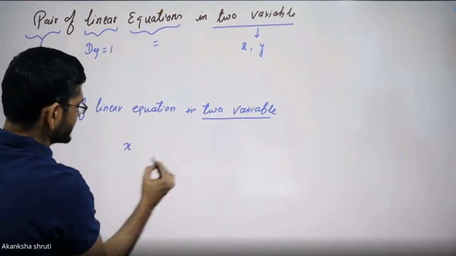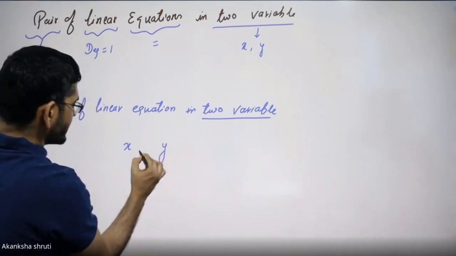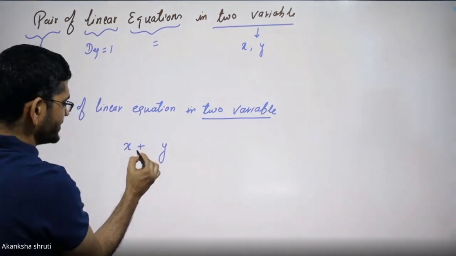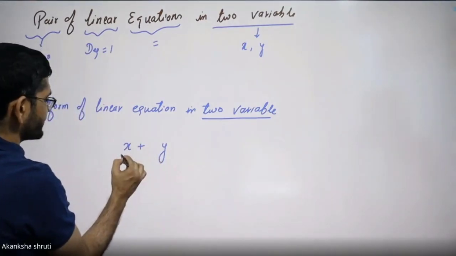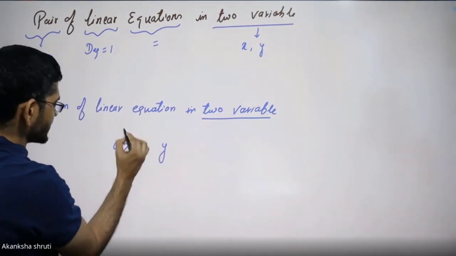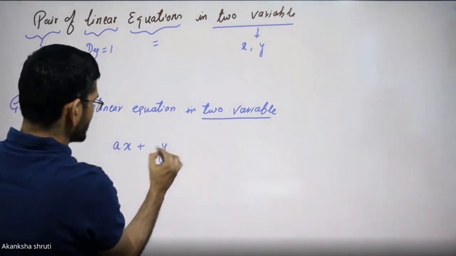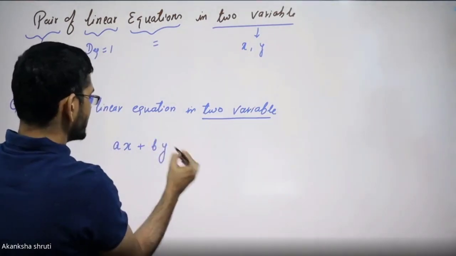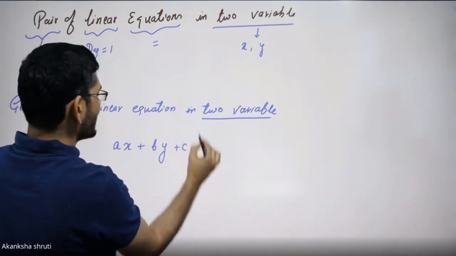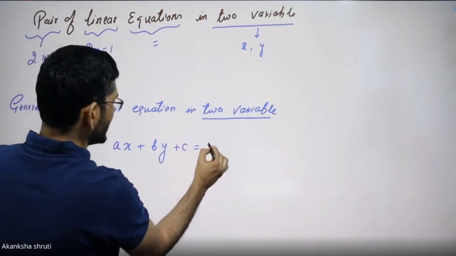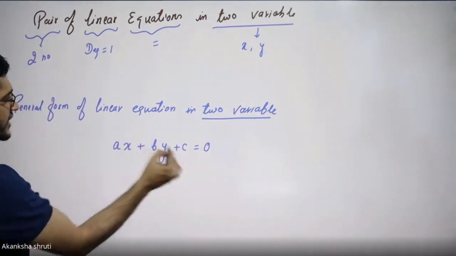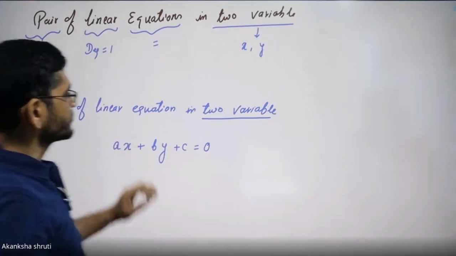Let us consider one as x, another as y. They must be operated, either added or subtracted. Most commonly we take the addition because subtraction is the negative of this addition. Now these variables may have some coefficients. Let us consider the coefficient of x as a and the coefficient of y as b. In addition to these two things, there can be an independent constant, c. To make this equation, put the equal sign on the right hand side, make it equal to 0. This is the general form of a linear equation in two variables.